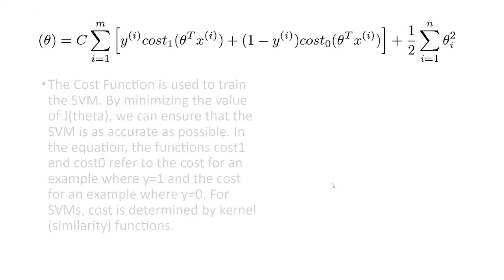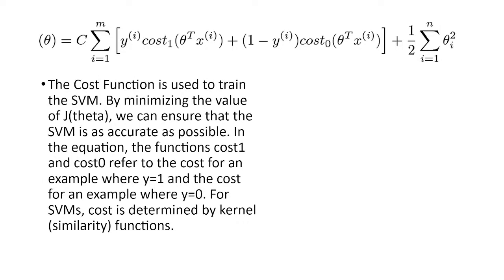And this is the equation for the cost function. This type of equation is already built into the support vector machine in the Google Earth Engine package, so this time we are not going into it. This is just the equation of how it works. The cost function is used to train the support vector machine by minimizing the value of theta, which ensures the SVM is as accurate as possible.